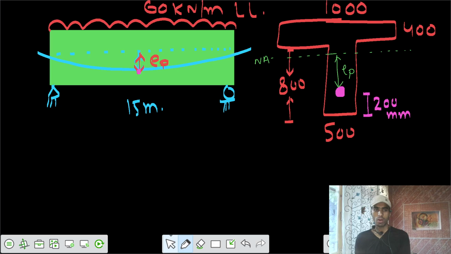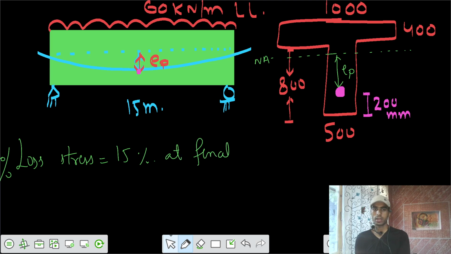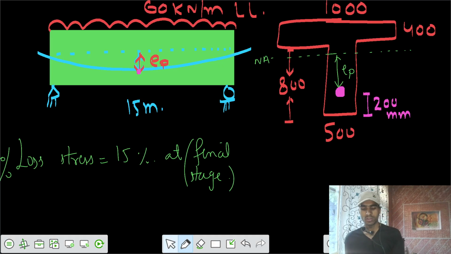We have a loss of 15% of the stress at the final stage. It's the summation of all those losses, from the tensioning of the steel wires to the transfer of the stress from steel to concrete. So that's the sum of all those losses.